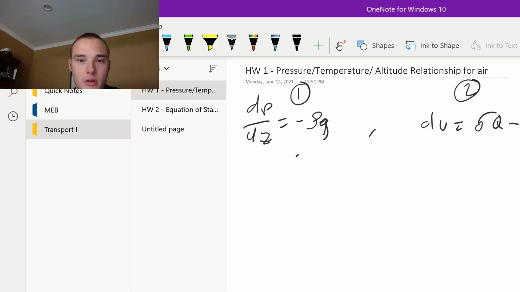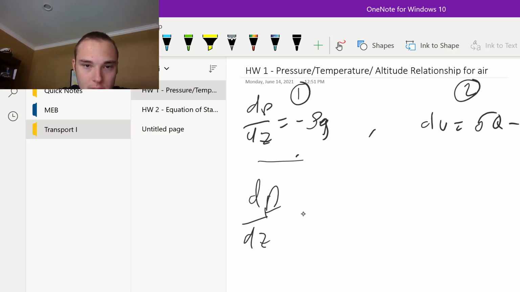So we're going to go ahead and start, and we're going to start with using this equation, our basic equation of statics. So we can first say dP over dZ equals, and then we can change the density of the gas, which will be negative rho times g, which is the acceleration.